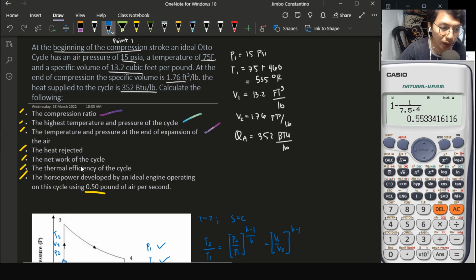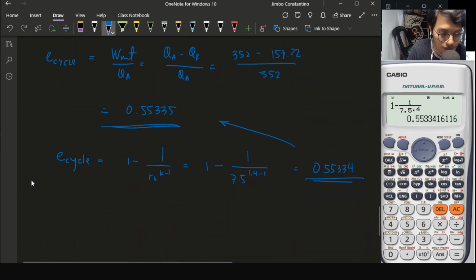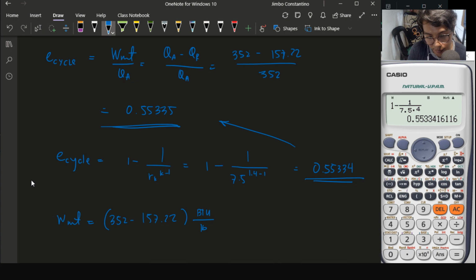Okay, nasolve natin lahat. Heat rejected, network of the cycle, thermal efficiency. Yung net work na lang. Solve natin siya. Network of the cycle. Work net is equal to QA minus QR. O di 352 minus 157.22 BTU per pound.